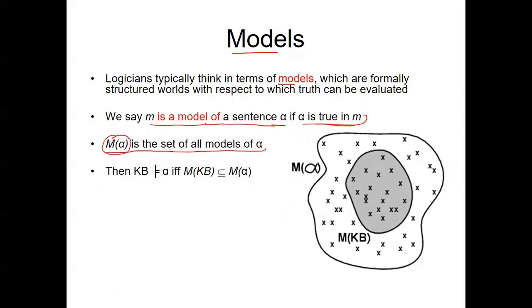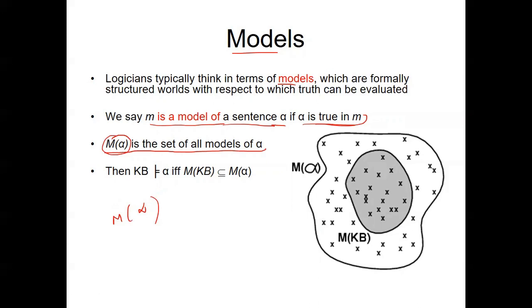Okay. What is M? M is a model. M is a model of a sentence alpha if alpha is true in M. When you say M of alpha, it represents the set of all models, or the set of all worlds, where alpha is true.